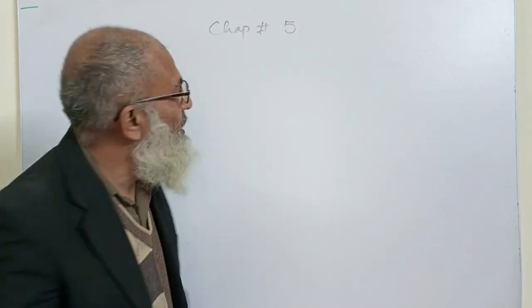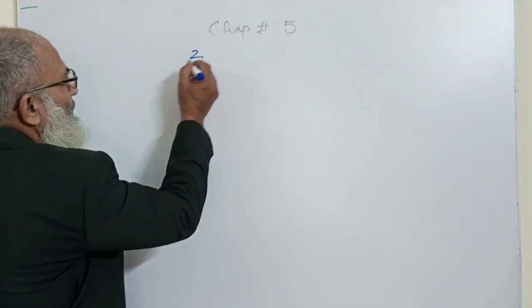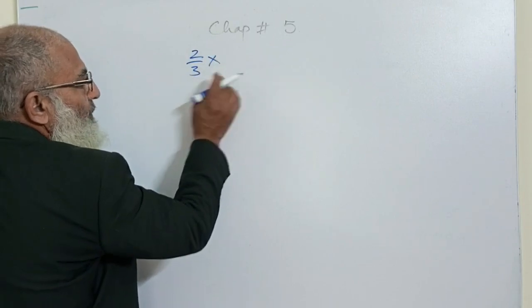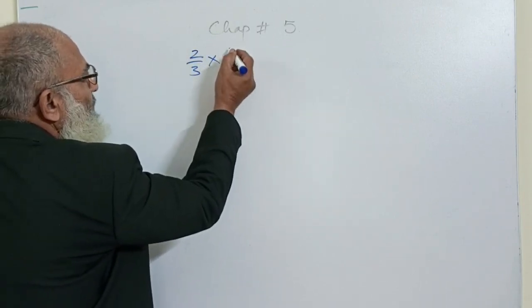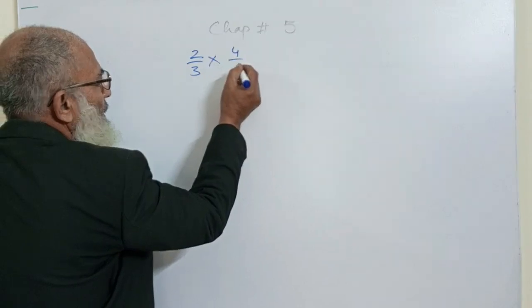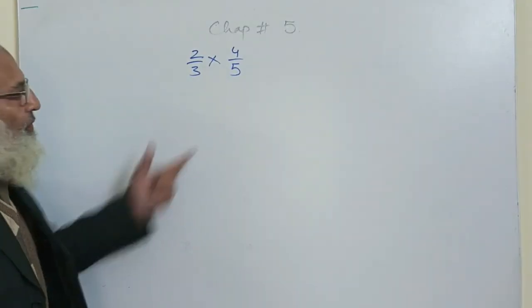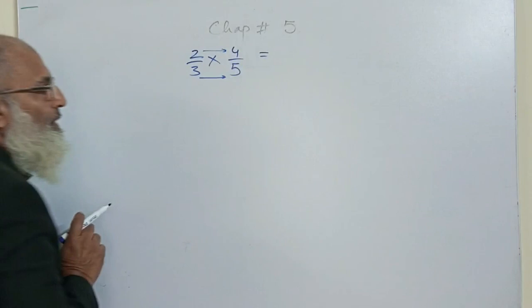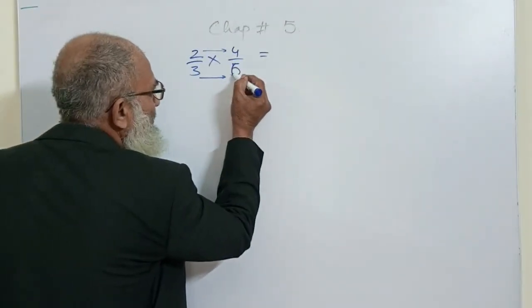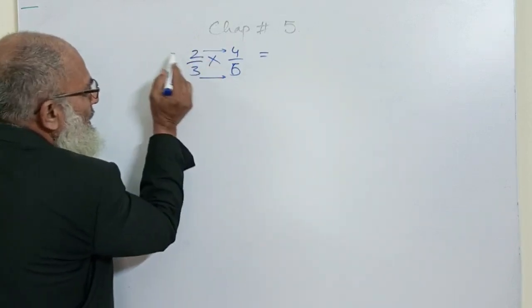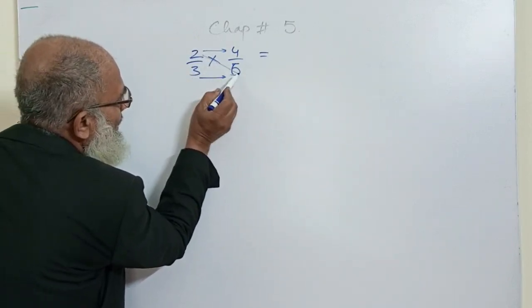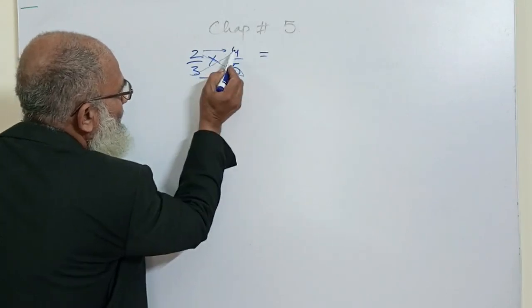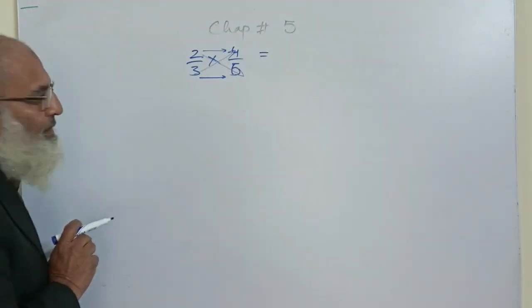In division and multiplication, it was very easy. If this was the fraction and we have to multiply it with, say, 4 over 5, we go straight from denominator to denominator and numerator to numerator. And if it was like this 6, we can even cross it from here or cross it from here if it is divisible by this.